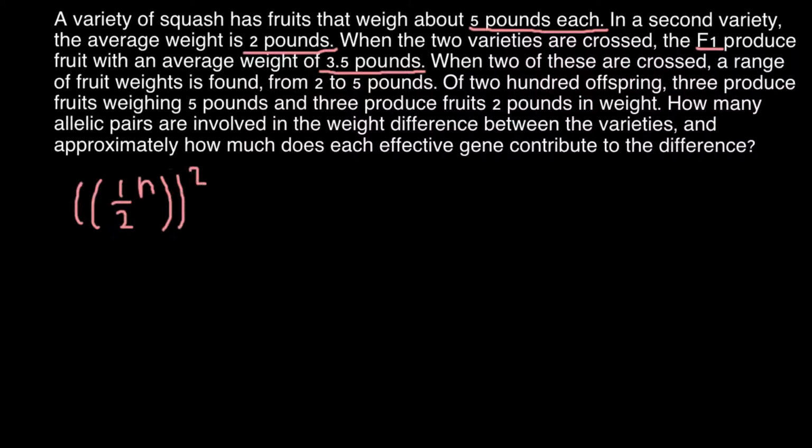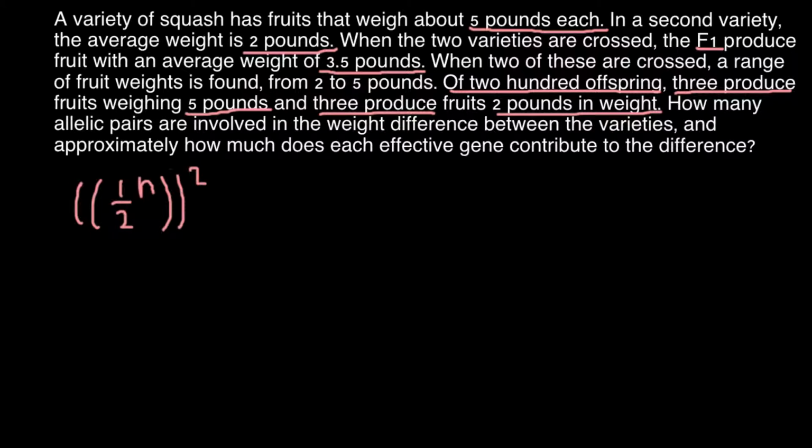And according to our problem, we have in the F2 generation 200 offspring, let me underline, so we have 200 offspring, 3 produce fruits that weigh 5 pounds, and this is the extreme genotype and phenotype, and 3 produce fruits with 2 pounds in weight.